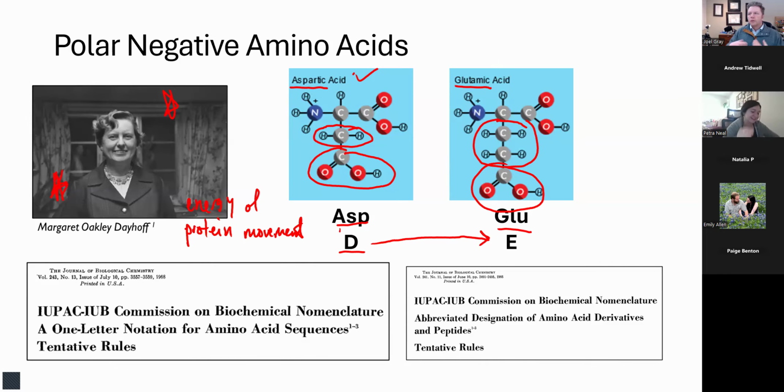Okay, so the point is that Margaret Oakley Dayhoff, whenever she was doing these long and elaborate calculations, would basically have to type in the sequence of a protein, but she would have to use the entire name. And she was like, I'm not lazy.